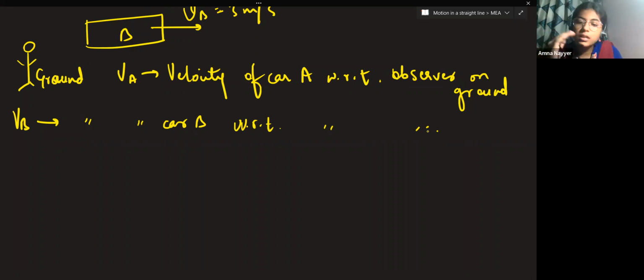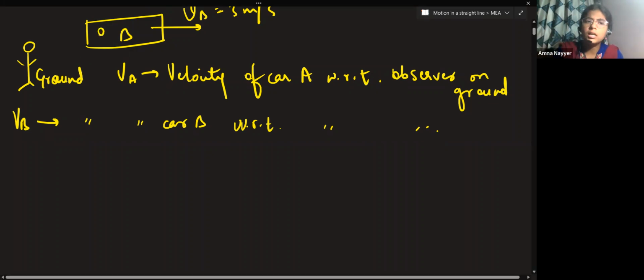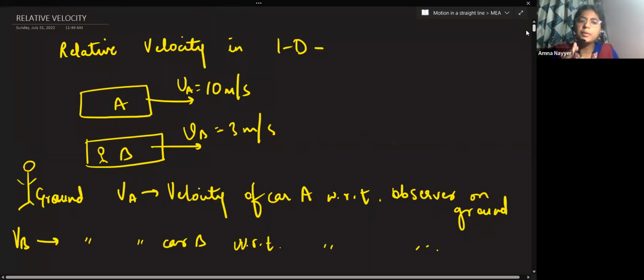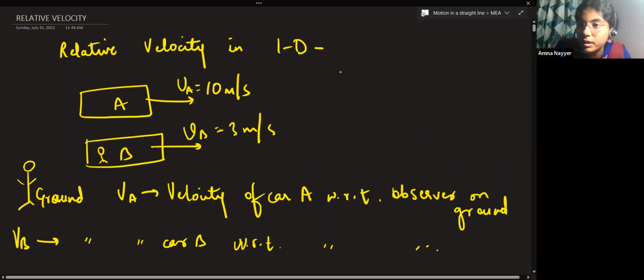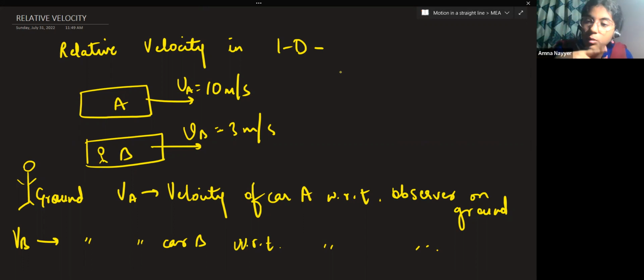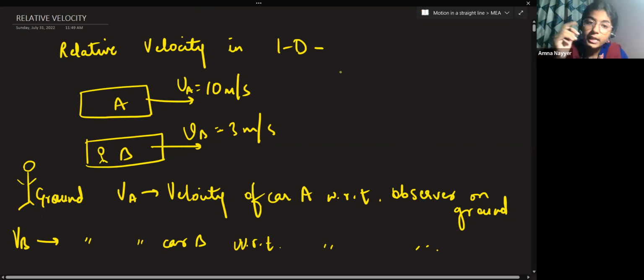Now B observes A. If a person is sitting in car B, what happens in case of relative velocity? How can you calculate the velocity of car A with respect to B? There are two velocities. The person on the ground is able to see car A with one velocity and car B with a different velocity.